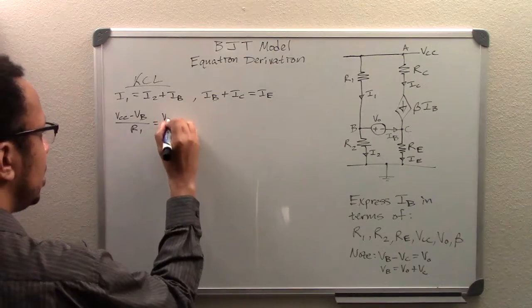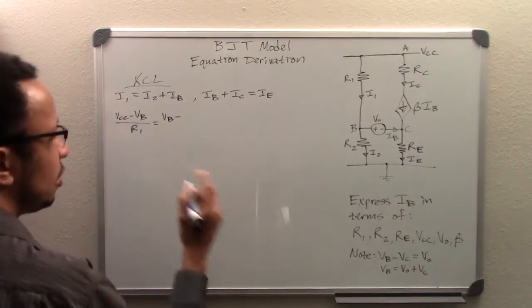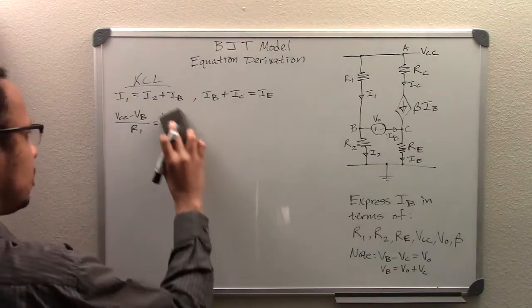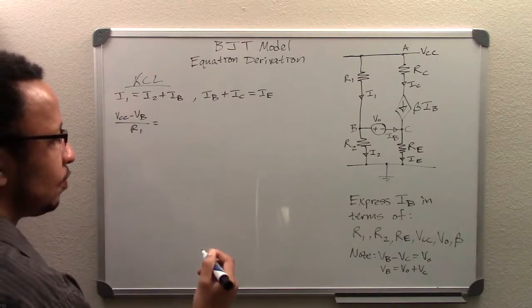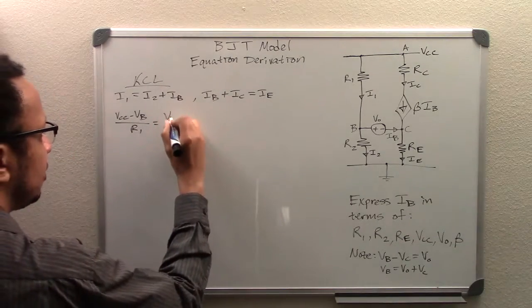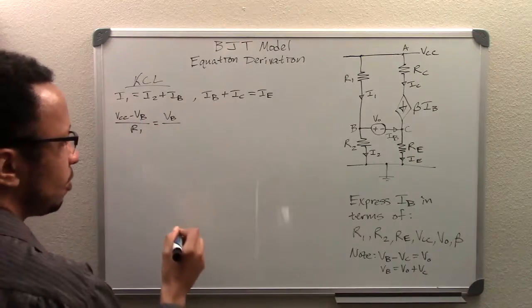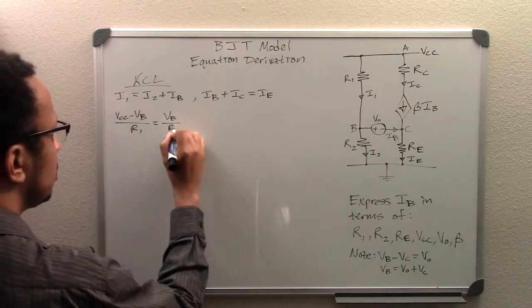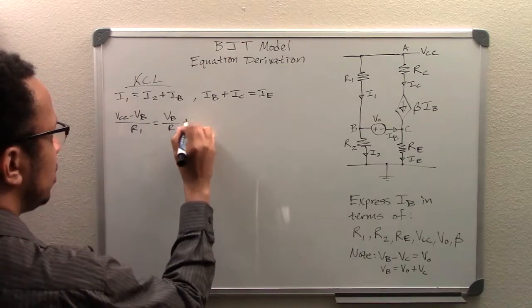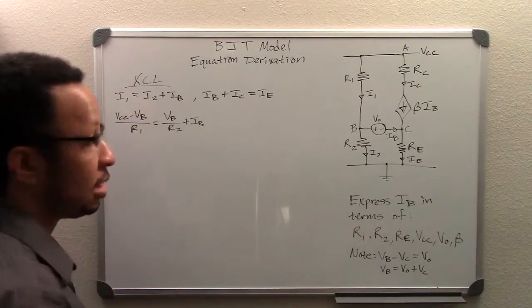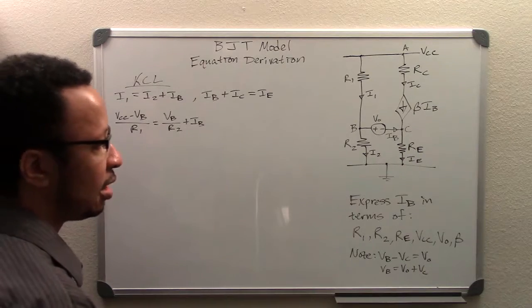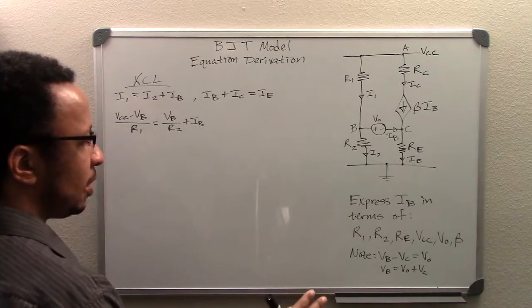I2 is VB minus ground, which is 0, so we can immediately simplify that. So that's VB over R2, and we'll just leave IB as it is, because again we want IB in this equation. We don't want to eliminate it. We want to express things in terms of IB.